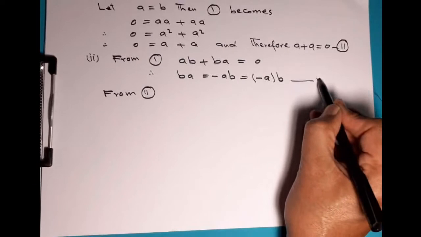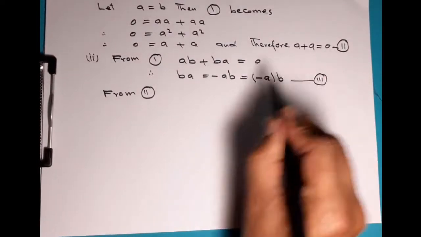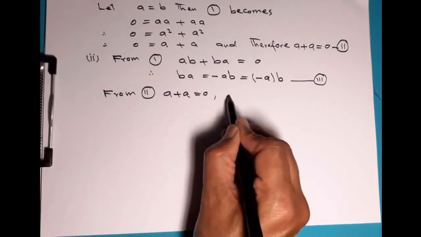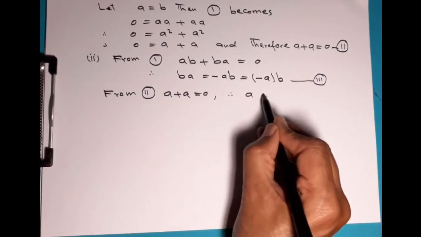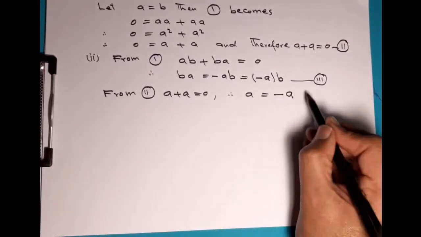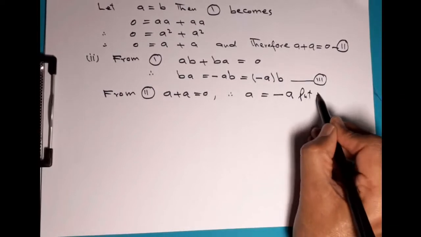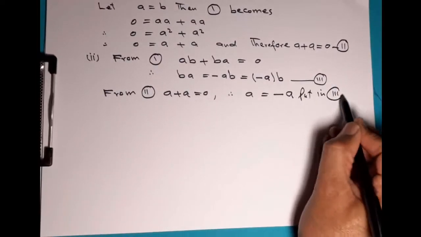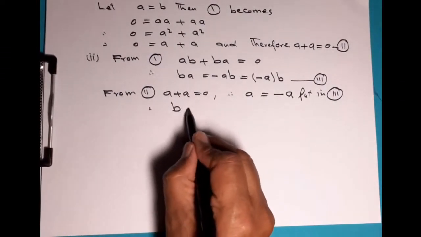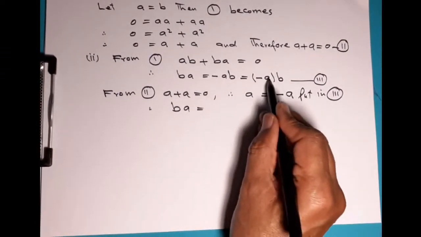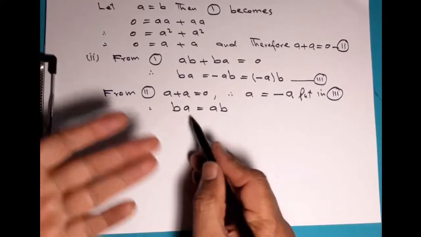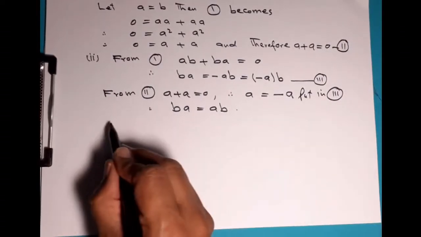Let's call it 3. From the first part, a plus a is equal to 0, and therefore a is equal to minus a. So it means minus a is equal to a. Put this in 3. Therefore, ba is equal to minus a times b; writing a for minus a, it is equal to ab. So ab is equal to ba. So therefore, R is commutative.